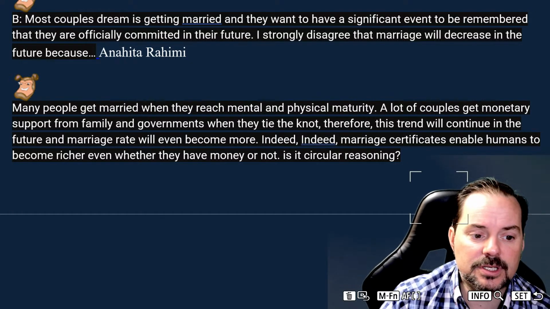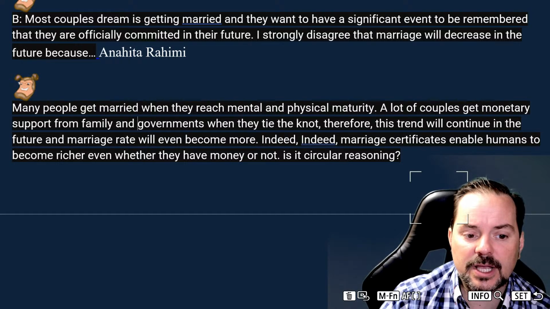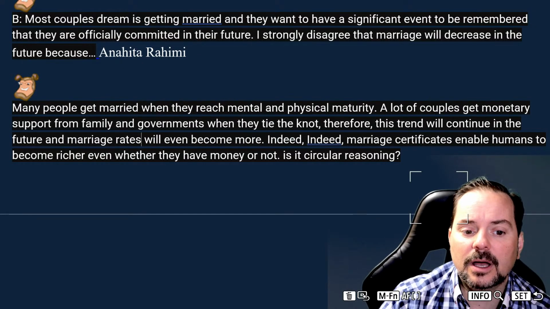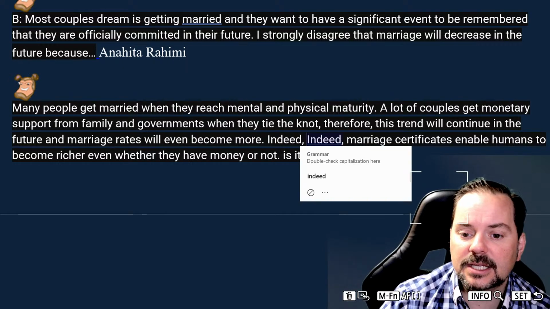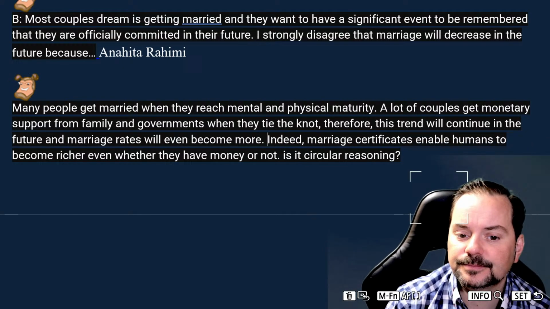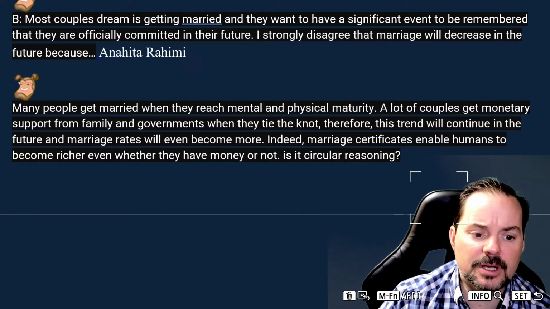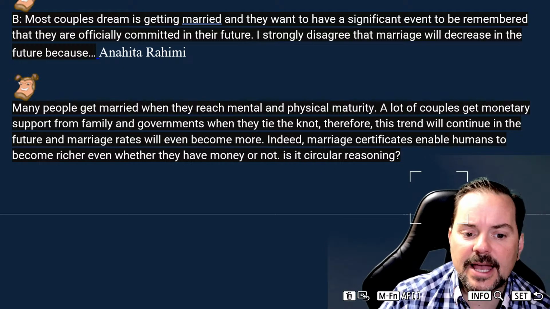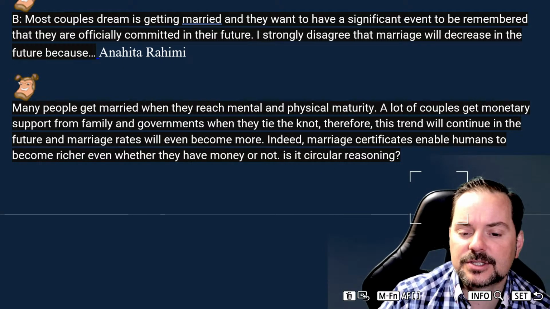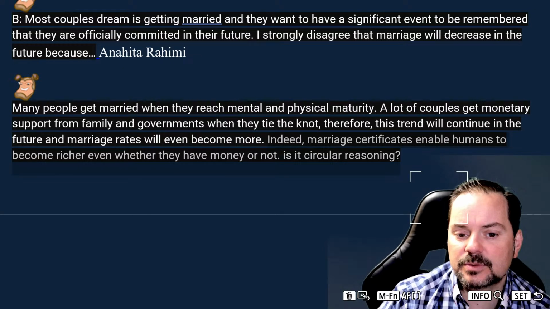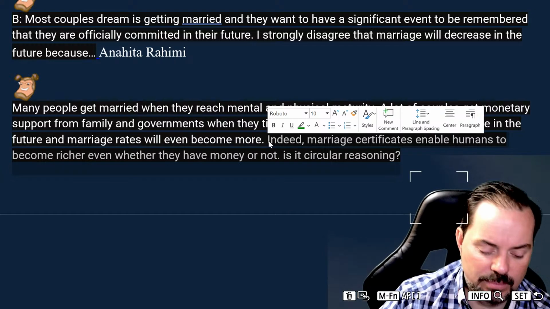Therefore, this trend will continue in the future and marriage rates will even become more. Indeed, marriage certificates enable humans to become richer even whether they have money or not. Is it circular reasoning? Yes. So this would be more in your body paragraph.